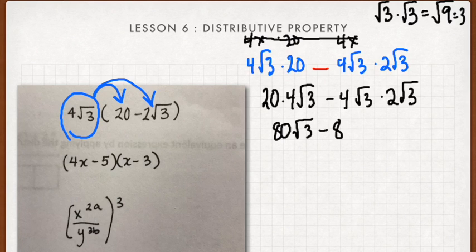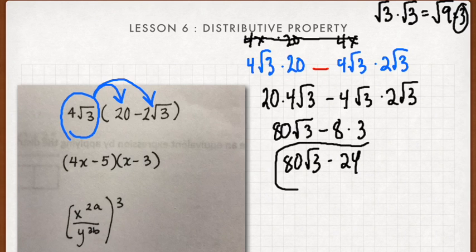So we're going to simplify that and bring this 3 out so that we can multiply it. Now 8 times 3 is going to be 24. And our final answer is going to be that. Now we can't go ahead and subtract because we don't know exactly with precision what the square root of 3 is and what that value multiplied by 80 would be in order to get an answer.